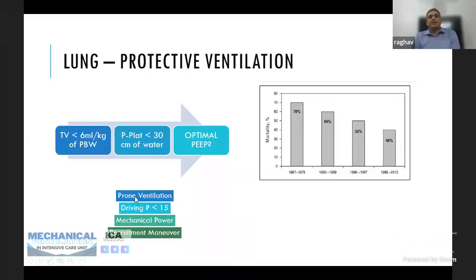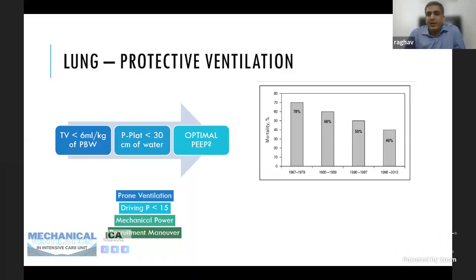So, I would like to start with the lung protective ventilation, which has been described almost 20 to 30 years back. Initially, when ARDS was first described in the 1960s, the patient used to be ventilated with high tidal volumes and high pressures.